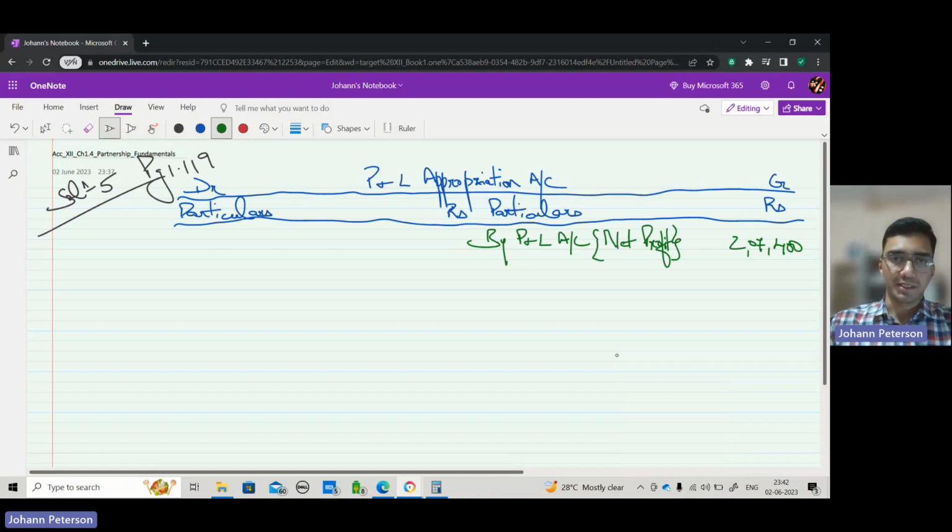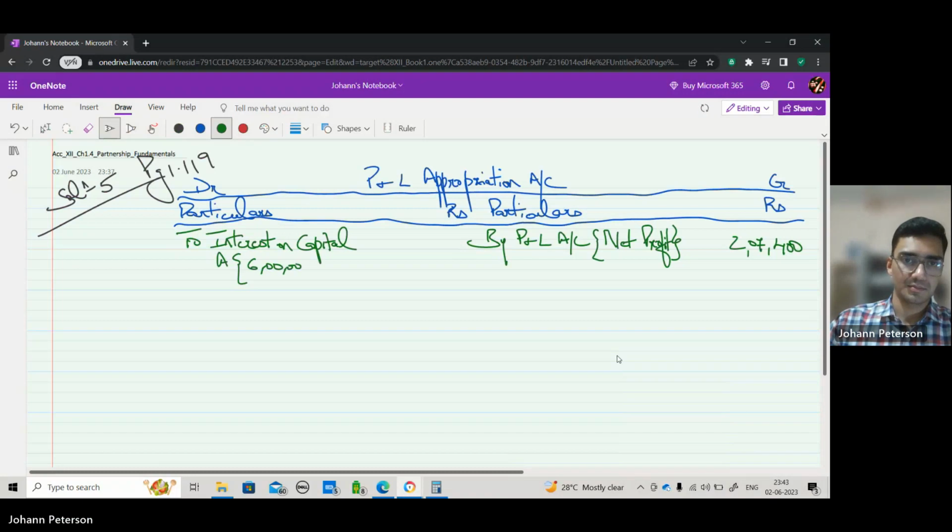The next item which we will write in this account is on the debit side, so it is to interest on capital. This is an appropriation, the first appropriation. So to A, how much is it? We're going to give him interest on his capital, which is equal to on 6 lakh 6%, which is coming out as 36,000.